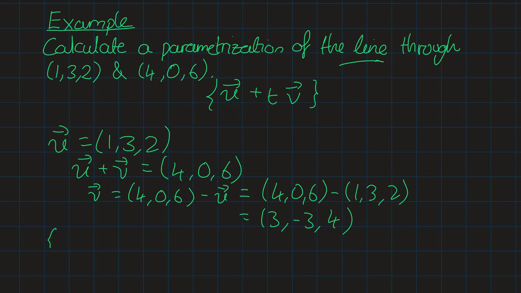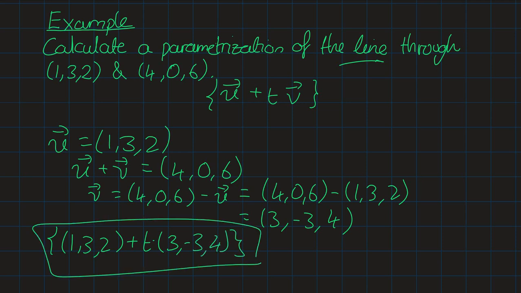So the answer is going to be (1, 3, 2) plus t lots of (3, -3, 4). And that's it. That's a parametric equation of the line through these points.